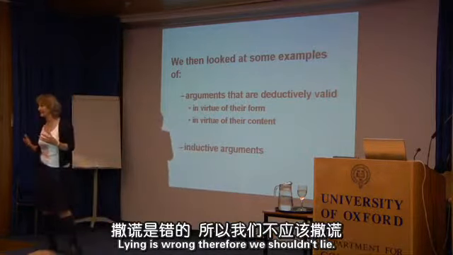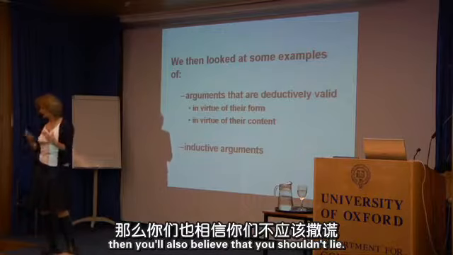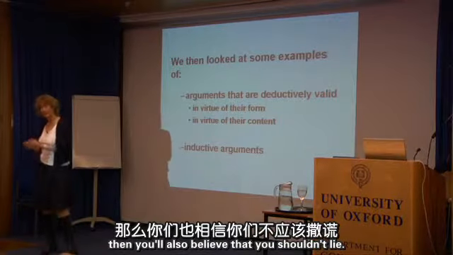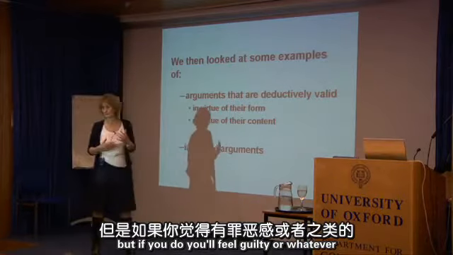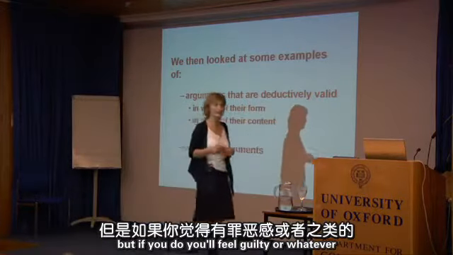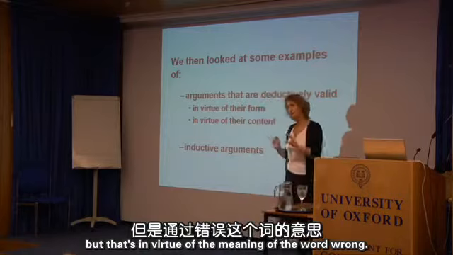So the thought is that if you understand the word wrong properly, you'll see that if you believe lying is wrong, then you'll also believe that you shouldn't lie. Doesn't mean you won't lie, but it does mean that if you do, you'll feel guilty or whatever. But that's in virtue of the meaning of the word wrong.